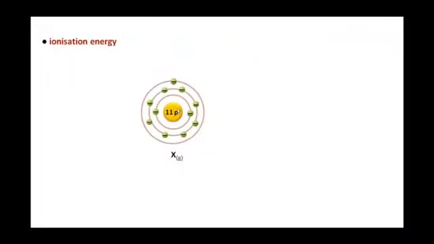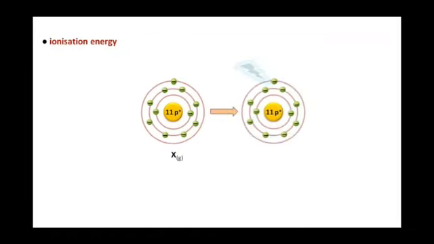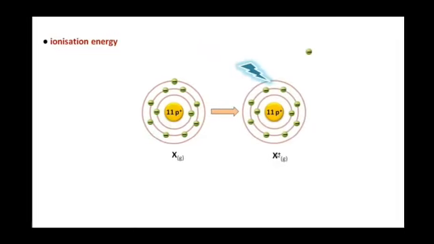Let's take a neutral atom, and this neutral atom contains 11 protons and 11 electrons. Now we are going to remove the valence electron, that is the outermost shell electron. To remove the valence electron, we should apply some amount of energy.